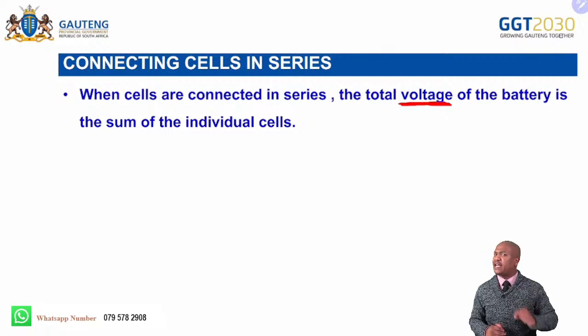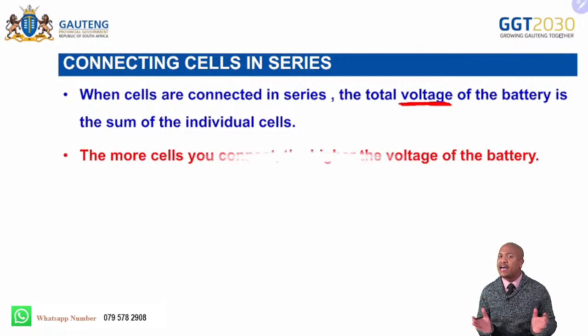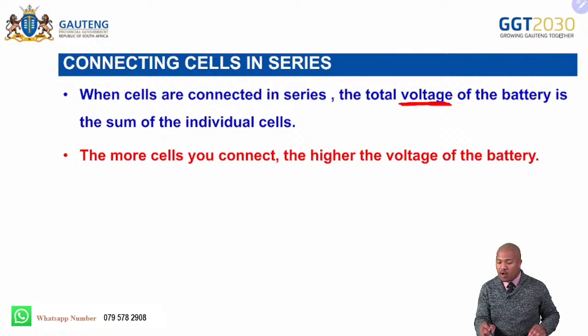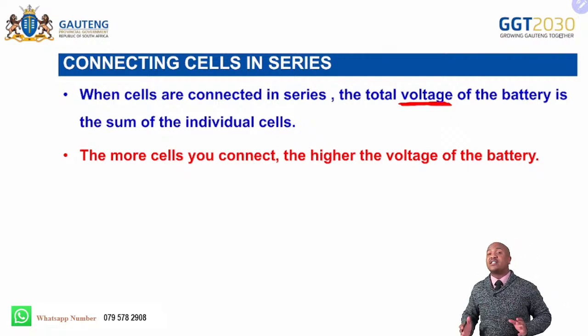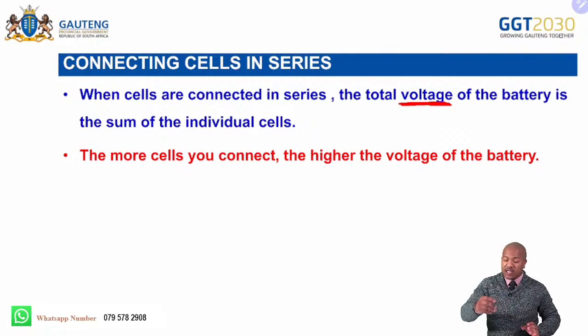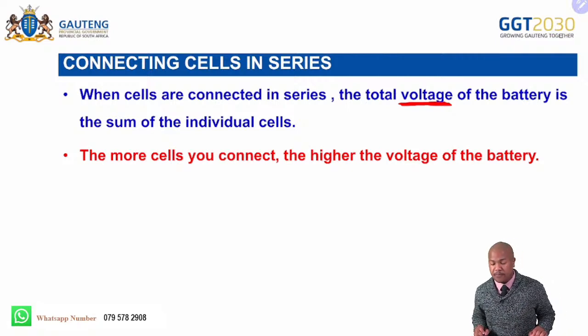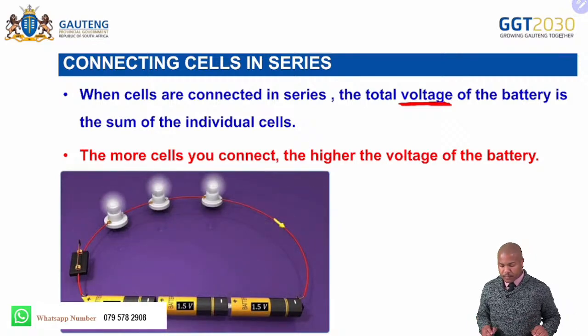What do we mean by that? We add the voltages of the cells connected to give us the whole voltage of the battery. So the more cells you connect in series, the higher the voltage of the battery. The voltage increases.